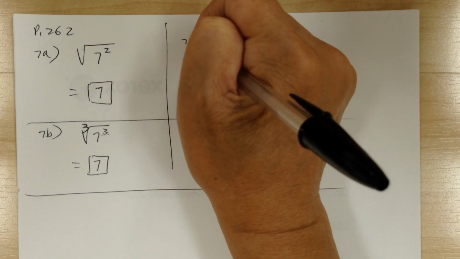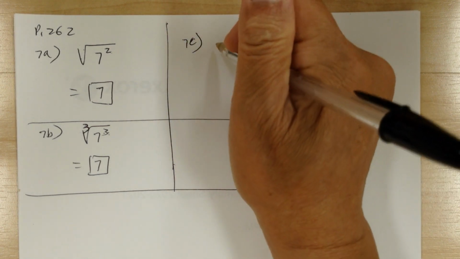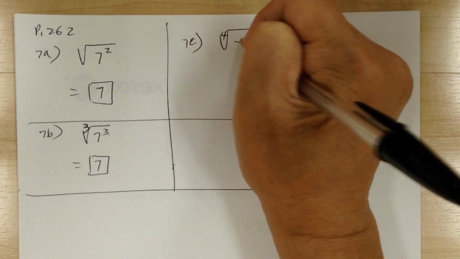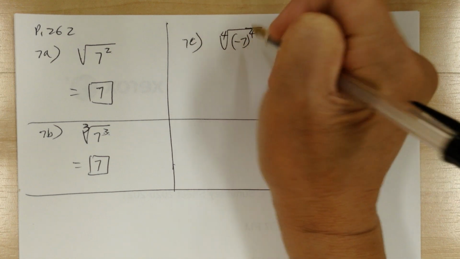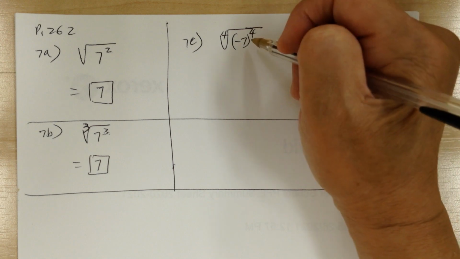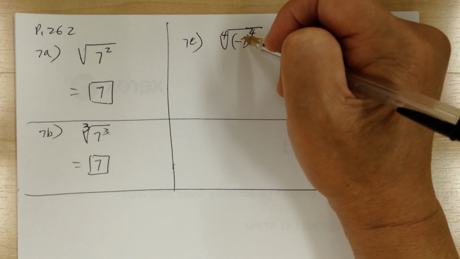Okay, 7c, you have to be careful with the negative inside. Don't just cancel out and say, oh, the answer is negative 7. That would be incorrect. When there's a negative, you have to work out the steps.